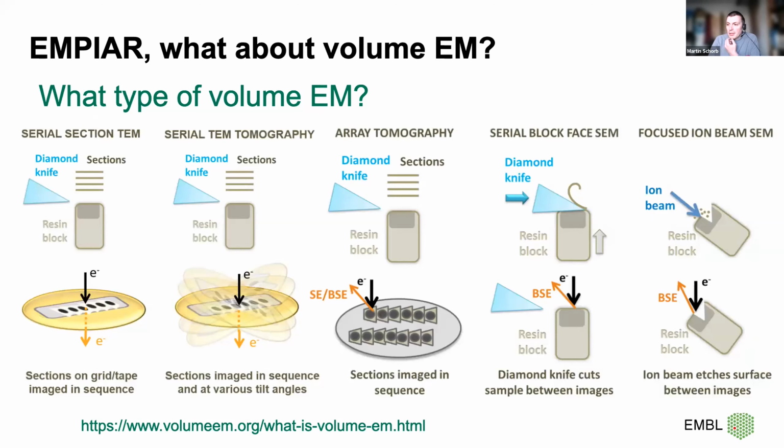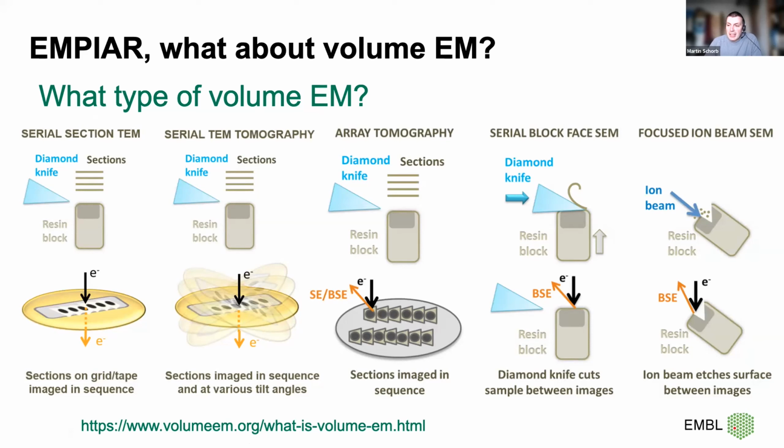So I want to talk to you mostly about volume EM, and volume EM is a broad field. There are several different approaches for how you can get volumetric data out of your electron microscopes. There's a great community, and we've been working on disseminating all these techniques and also interacting and collaborating a lot with the public archives on that.